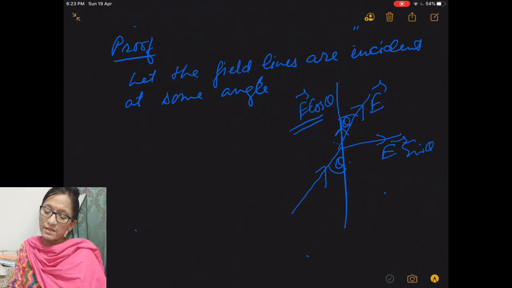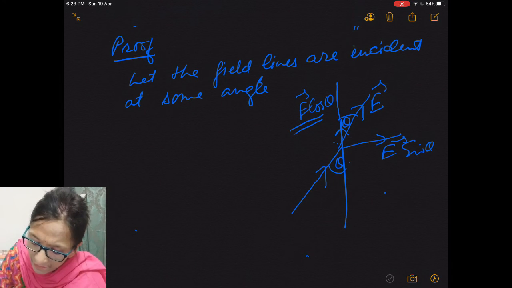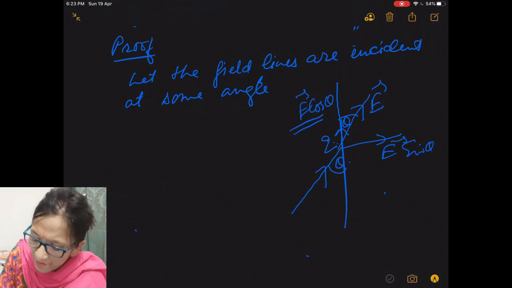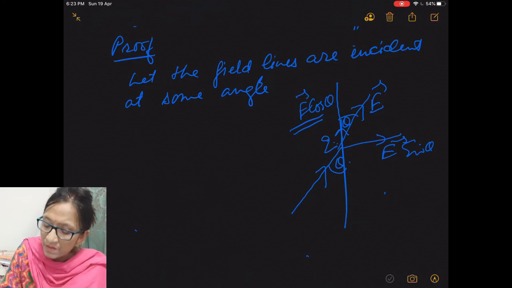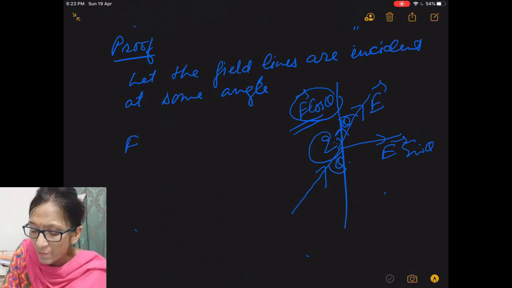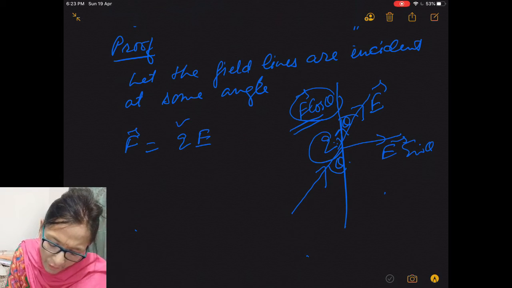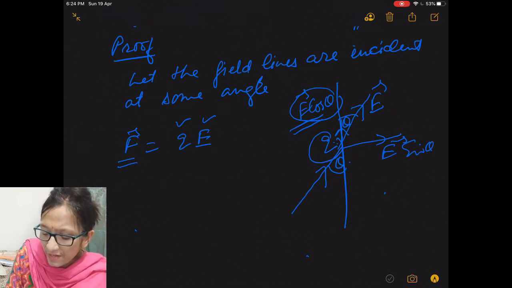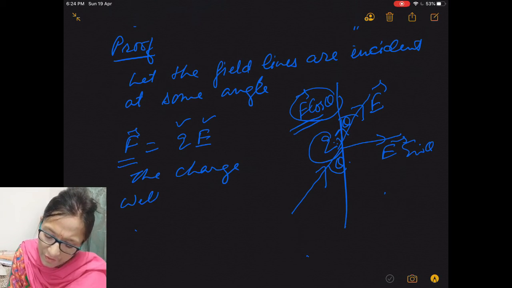Now you can see we have electric field along the surface, and we also know that on metallic surfaces we have free charges. So we have both electric field and charges, and we know that a force acts that is equal to QE.